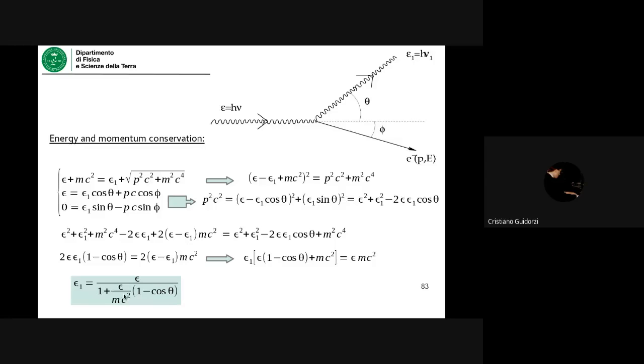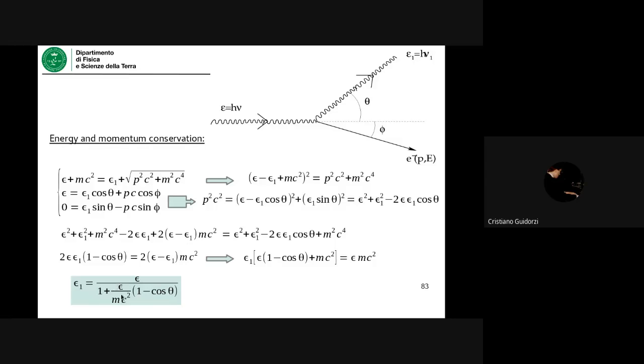If you think carefully, in doing these calculations, we didn't make any assumption on the amount of energy of the photon. So in principle, we didn't exclude the possibility that the photon's energy is negligible with respect to the rest energy of the electron. So we didn't exclude the Thomson scattering.